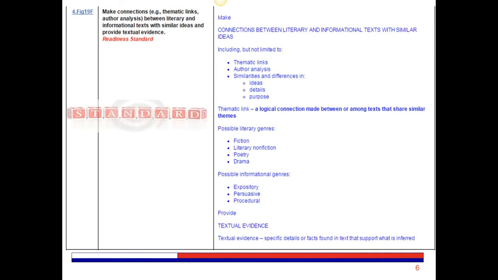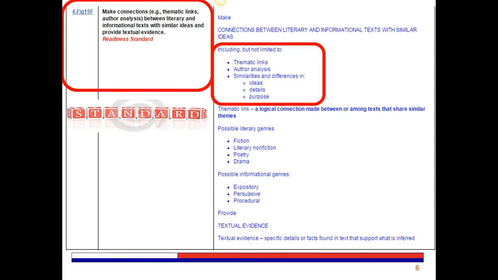Now for our Figure 19F standard. It reads, make connections between literary and informational texts with similar ideas and provide textual evidence. These connections should include thematic links, author analysis, and similarities and differences in ideas presented in both texts, the details and the types of details provided, and the author's purpose for the two texts.